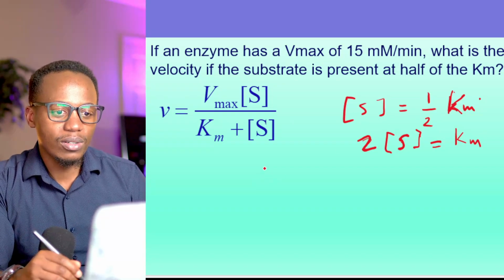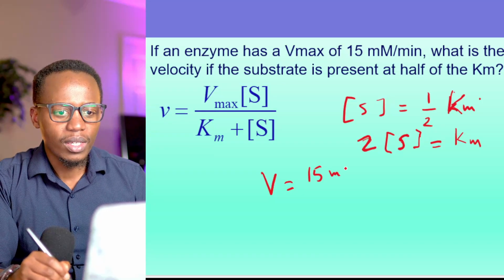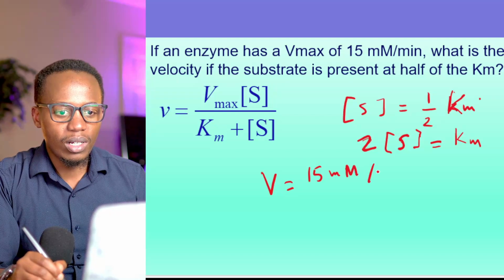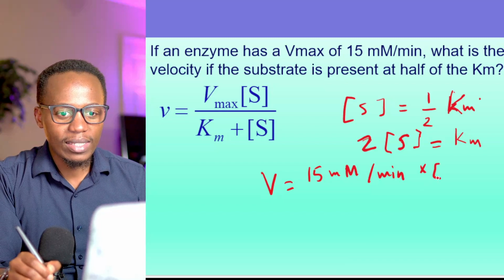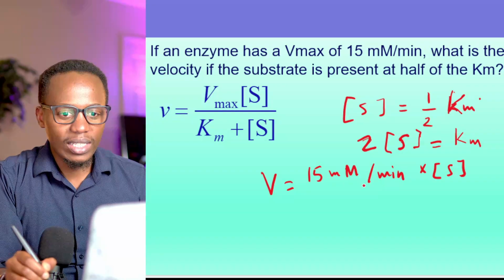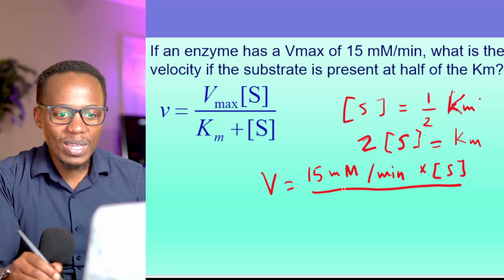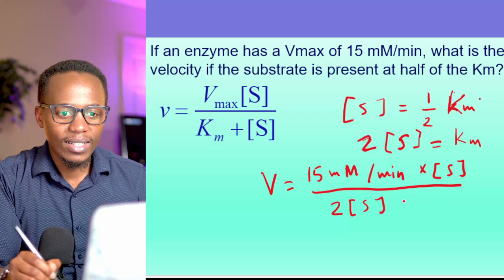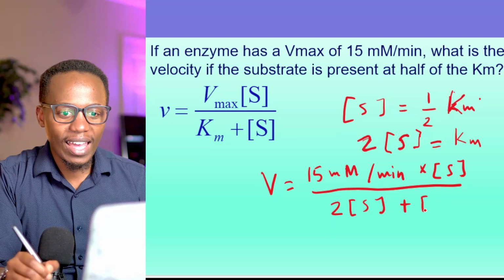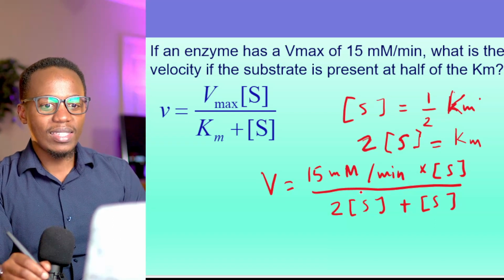So I'm just going to say V is equal to Vmax, which is 15 millimolar per minute, times S, and look at this, over Km is equal to 2S, so over 2S plus S. And look at this, when we combine the S's, they are going to cancel.